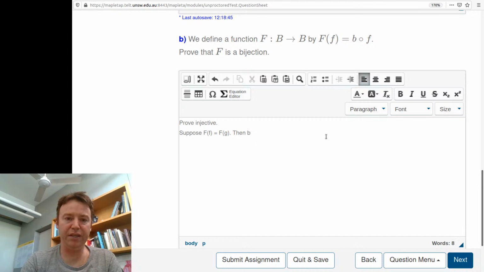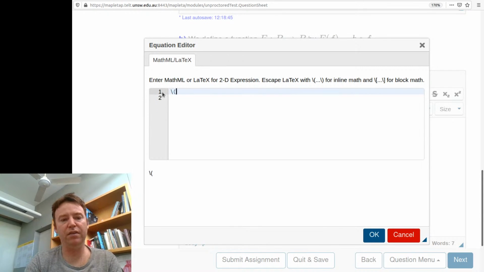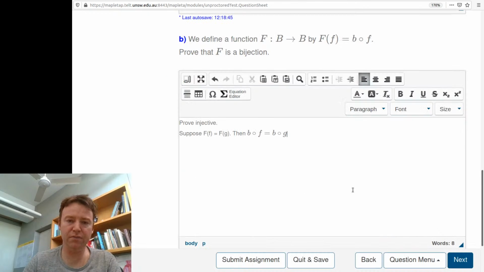Then I will format this one in LaTeX. I don't really have an O symbol. B circ f equals B circ g, because it's function composition.